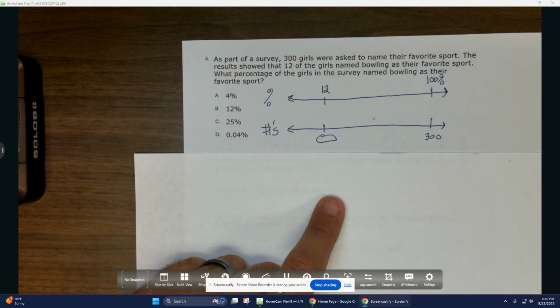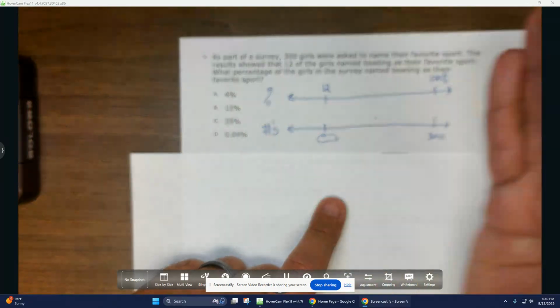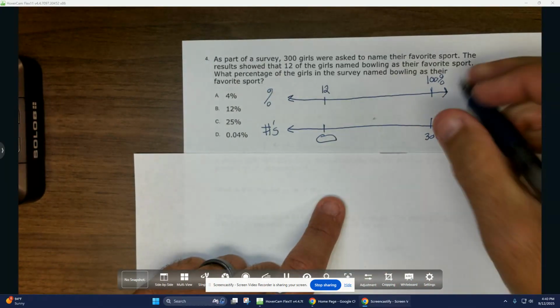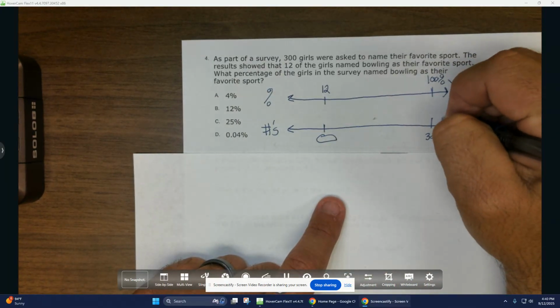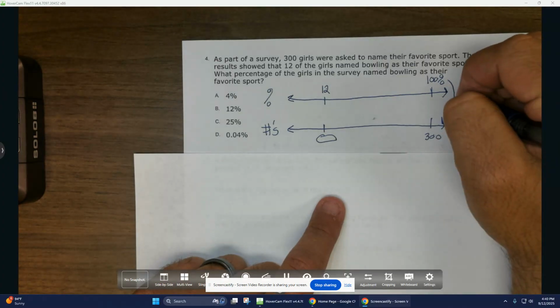The answer is no. Now, some of you are like, well, you can multiply by 8.5. Again, yes, you could, but we're trying to avoid decimals. However, how many $100 bills to give you $300? Anyone? Well, that would be times 3.